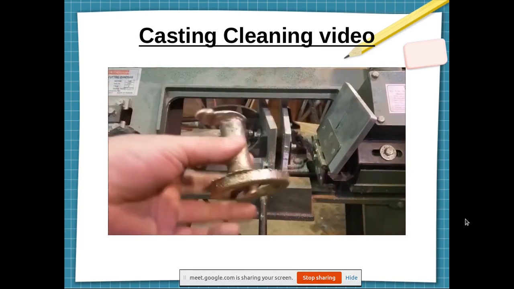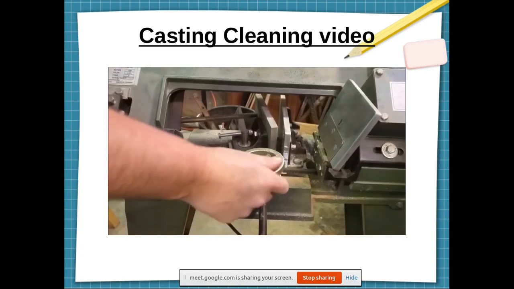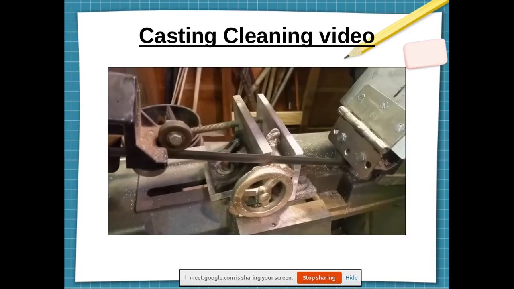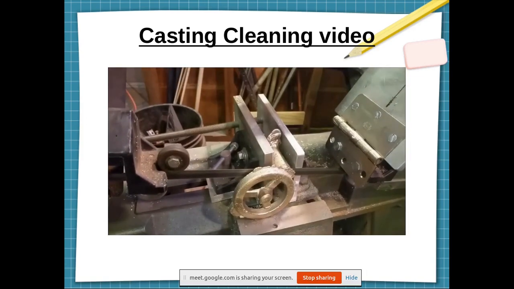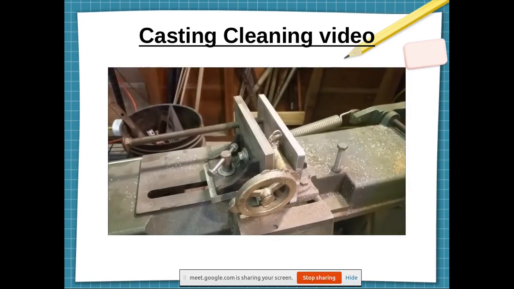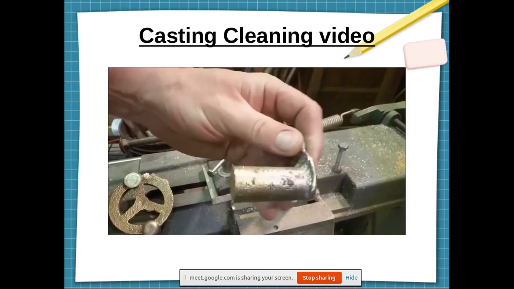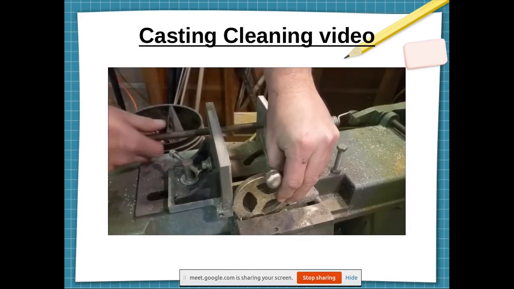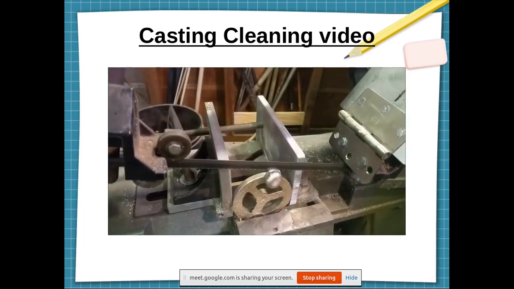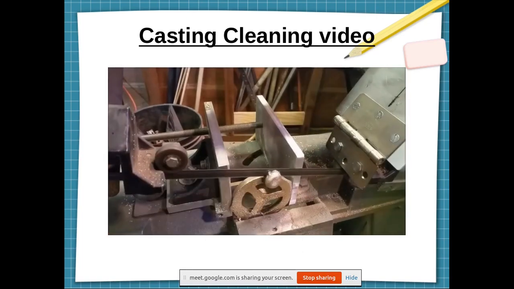So I'm going to start by cutting the sprue off. As you can see, he's removing the unwanted parts using a saw.